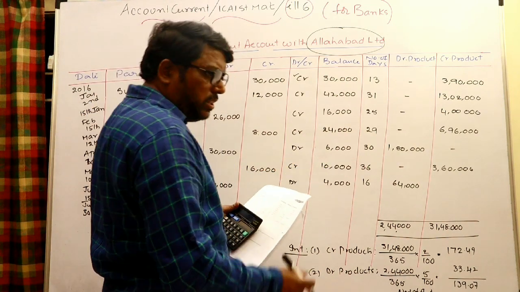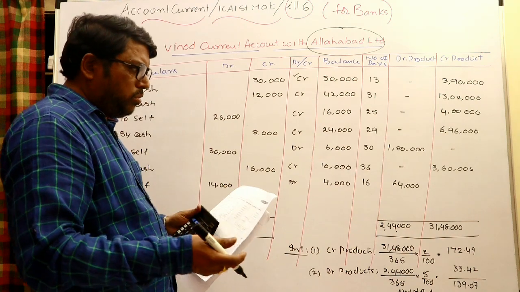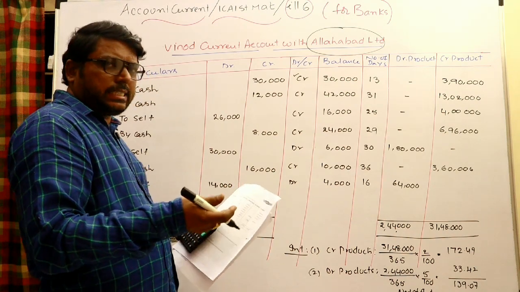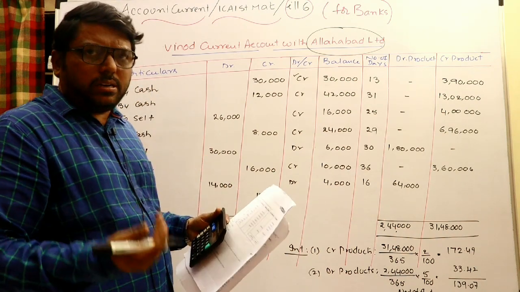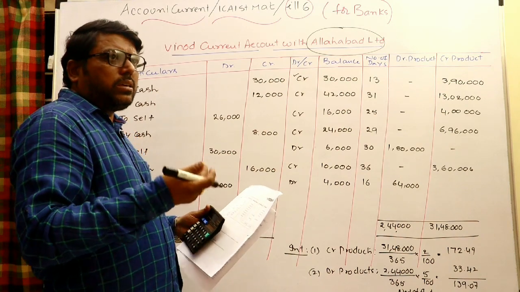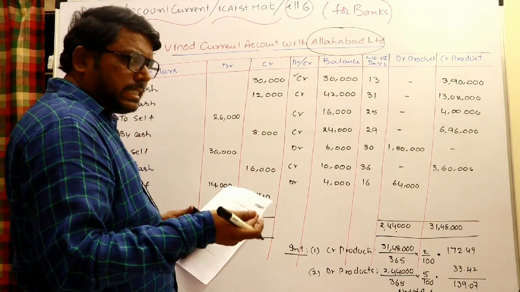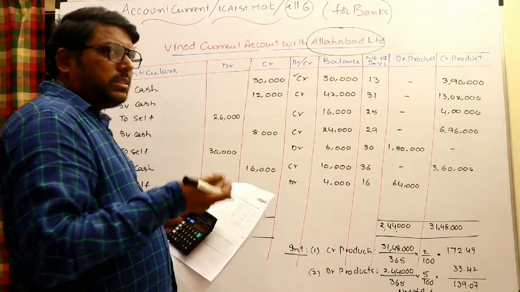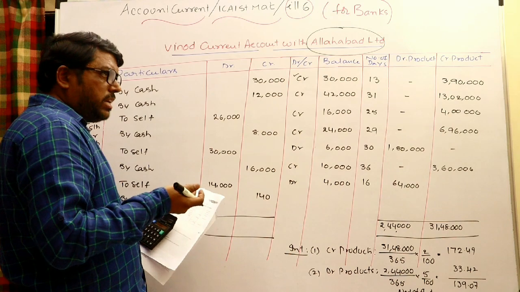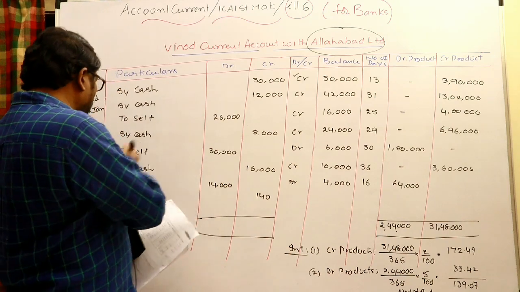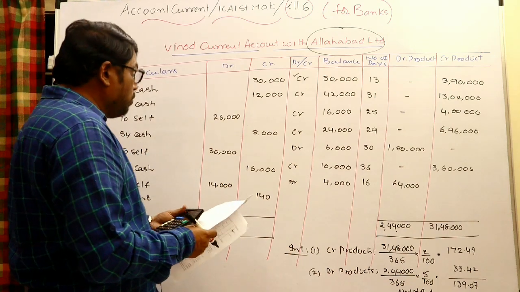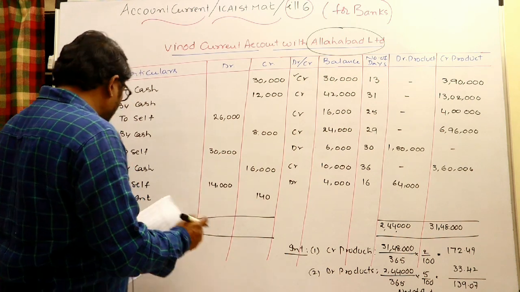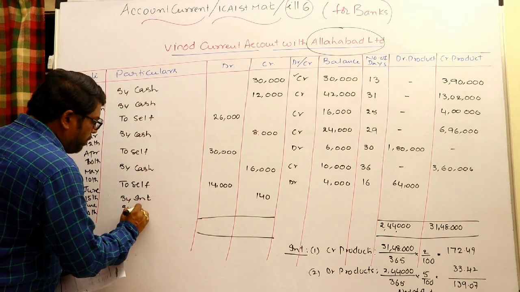Credit product is looking more, debit product is looking less. When credit interest is more, the bank should pay the Vinod interest. So interest is expense, debit, make the Vinod creditor. Okay, so 140. Then simply you may go for balance carried down and brought down.